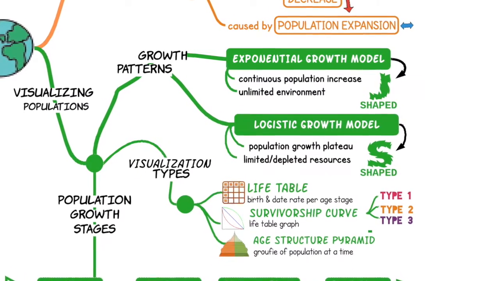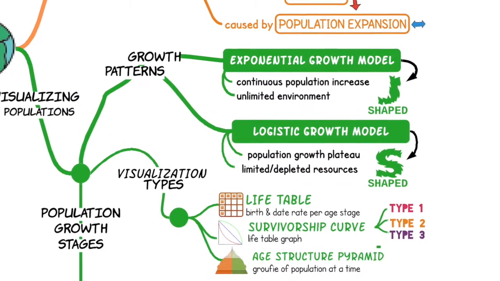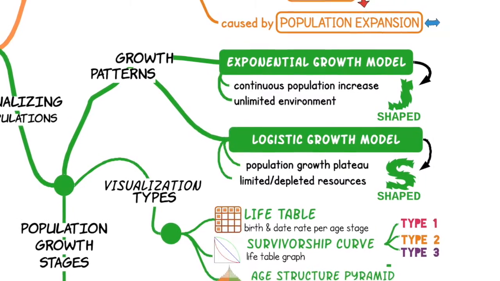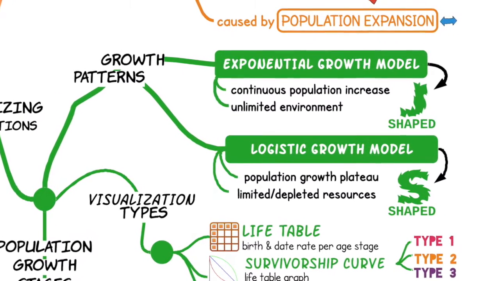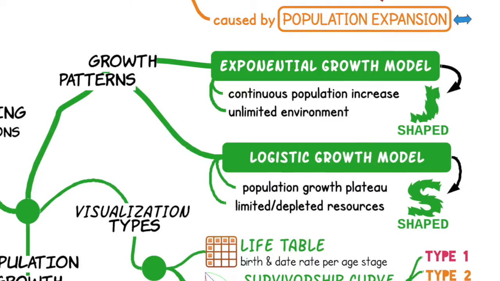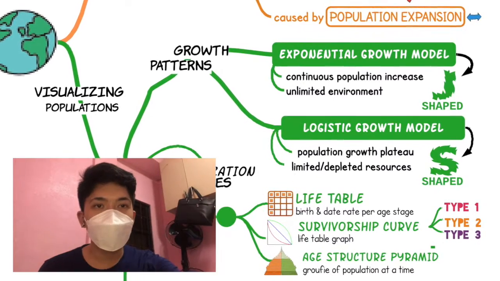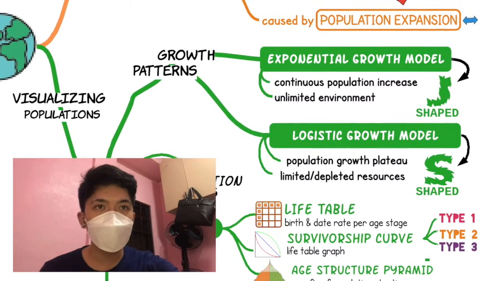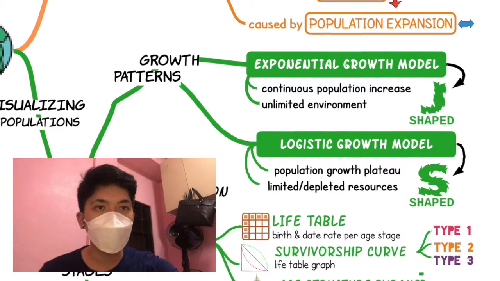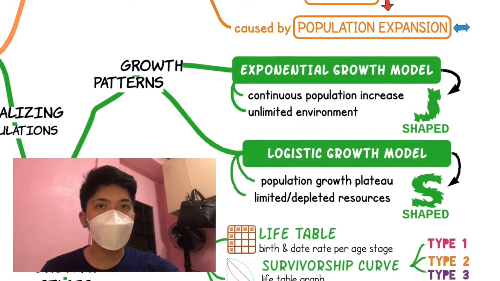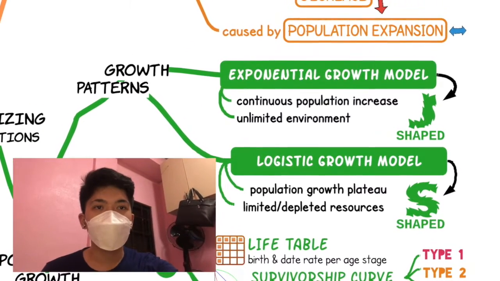This pattern has a continuous increase in population with the per capita growth rate, or the R, doesn't change even if the population expands. However, the resources are also limited and can be depleted. As a result, R will get smaller as it reaches the approximate maximum size or will create a plateau, hence creating another growth pattern called logistic or S-shaped.